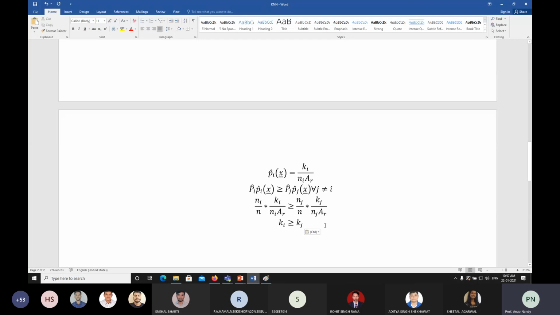Now the question comes. If you use the equality sign, then what difficulty are you going to have? This KNN is derived from this Bayes decision rule.